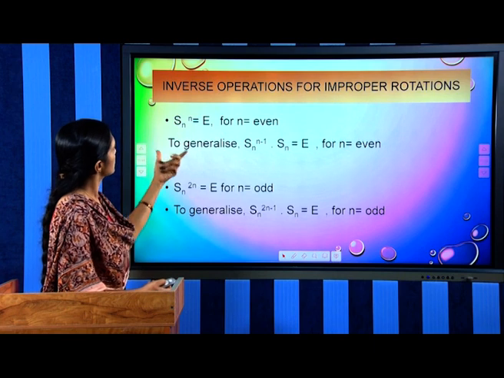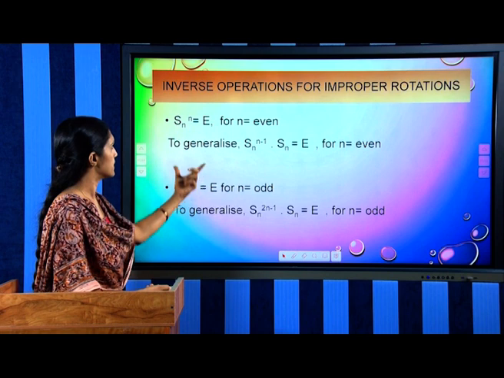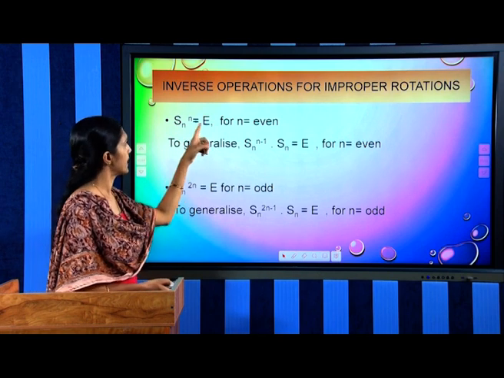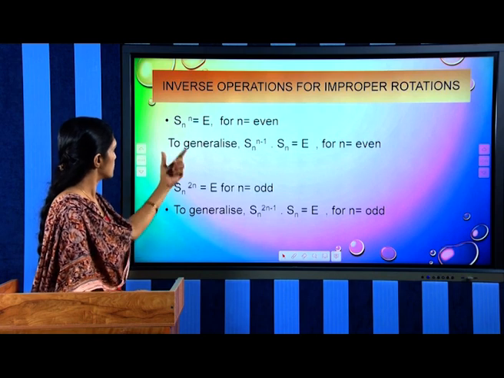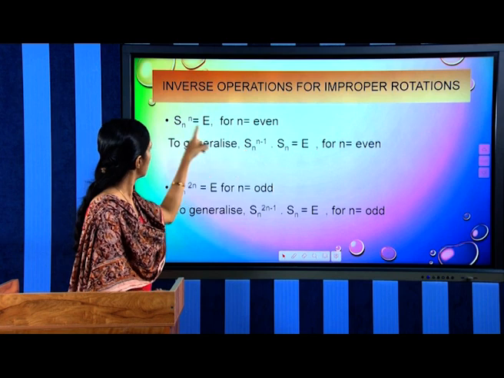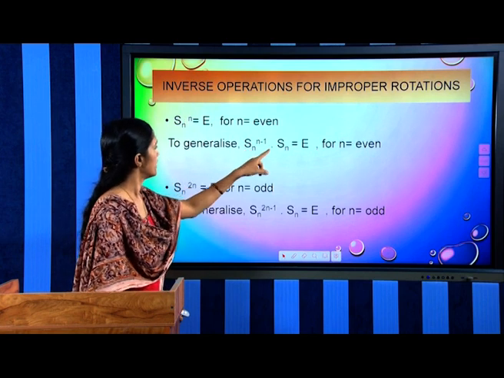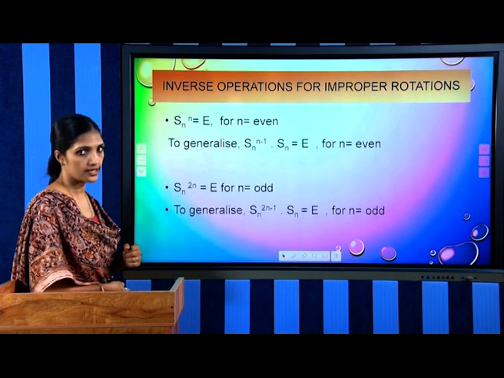And in the case of improper rotations, the inverse operation will be like this, that is Sn power n equal to E for n is equal to even. To generalize this, we have to split this up. So Sn power n minus 1 into Sn is equal to E for n is equal to even.